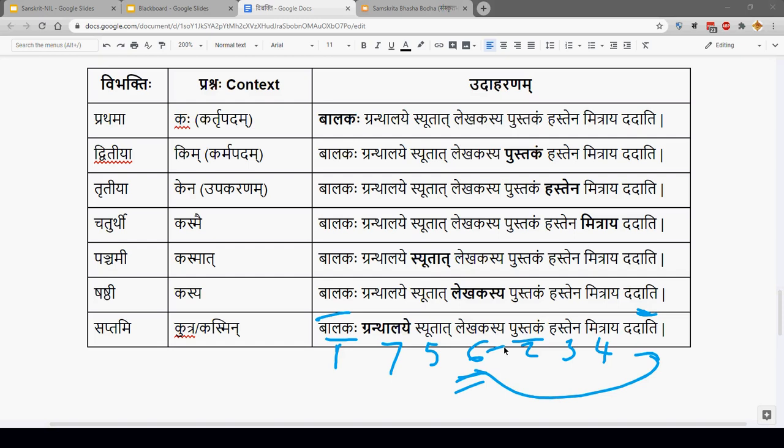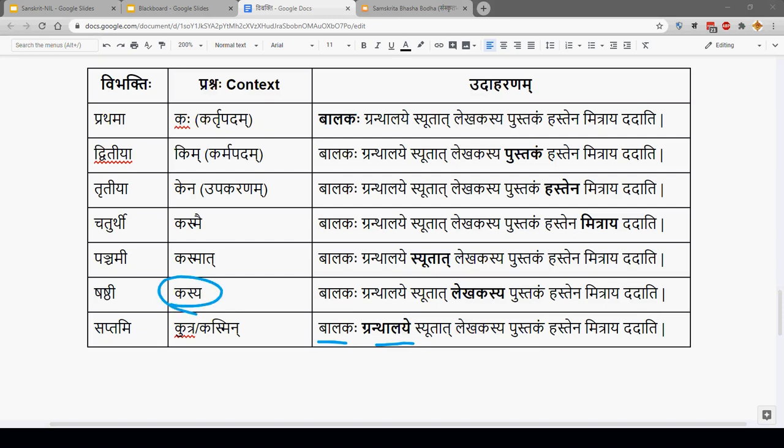Now in this sentence it is related to pustakam, but it could be on some other noun also. For example, balakah, kasya balakah, whose boy, we can also ask. Or granthalaya, whose granthalaya?